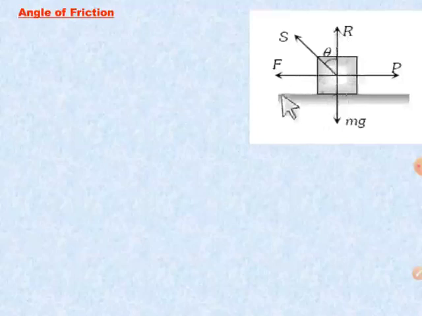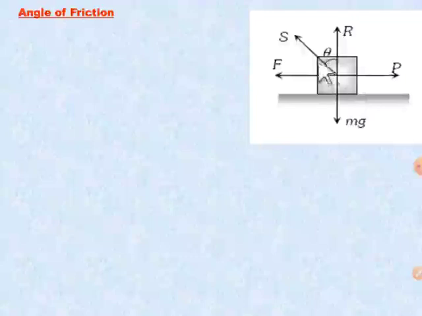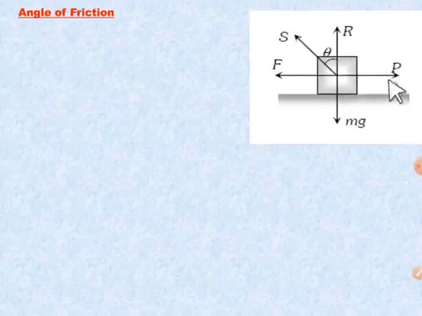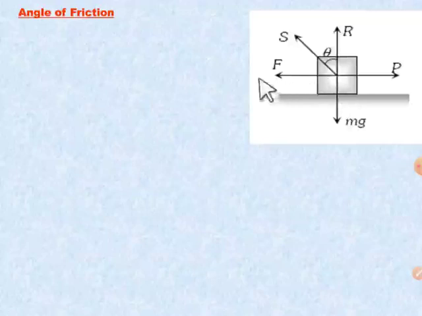Now this is the flat surface and this is the block of mass. If an applied force is acting on this, the body will start moving along the direction of the applied force. Against this direction, along which the body tends to move, your frictional force will be opposite to it.